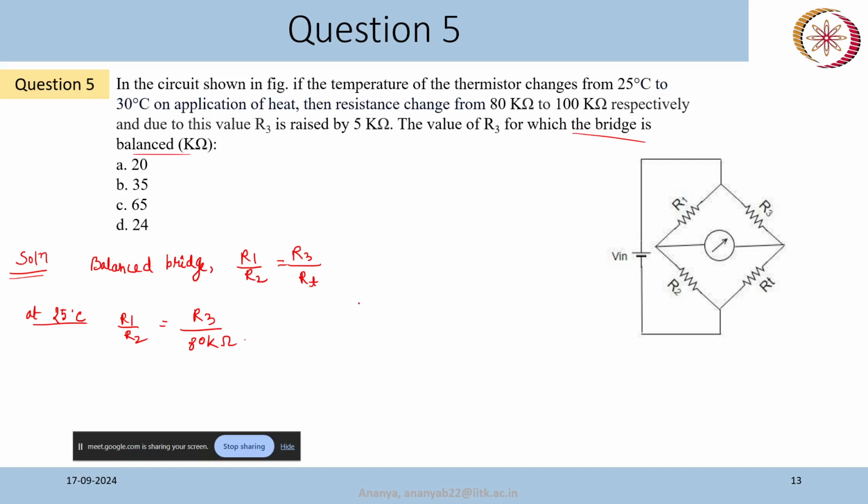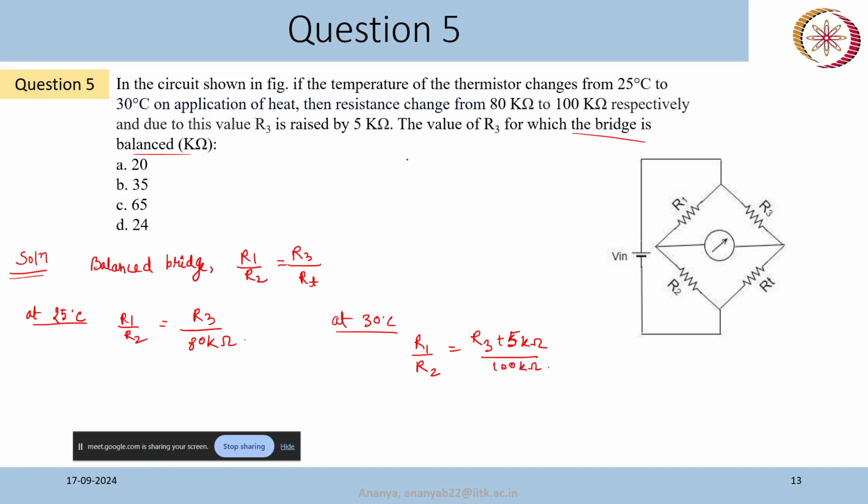So the temperature range, a 5 degrees Celsius increase, is affecting all of these resistors. So at 30 degrees Celsius also the bridge will be balanced. It will be some different resistance value, say R dash, but the ratio R dash by R2 will be the same, and this is equal to (R3 plus 5 kilo ohm) by 100.